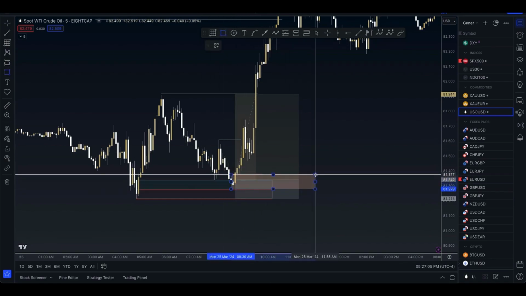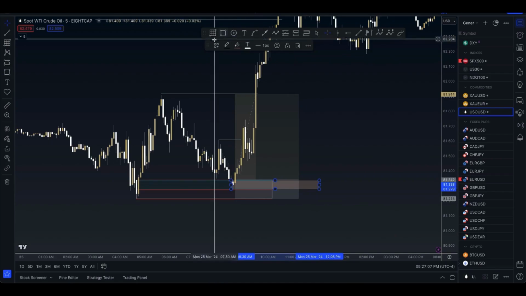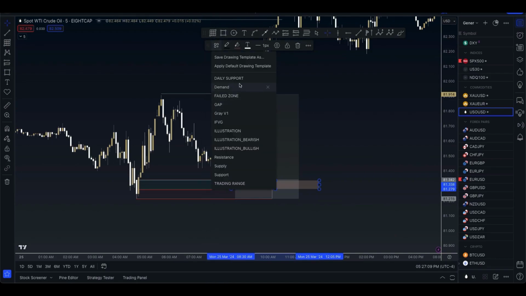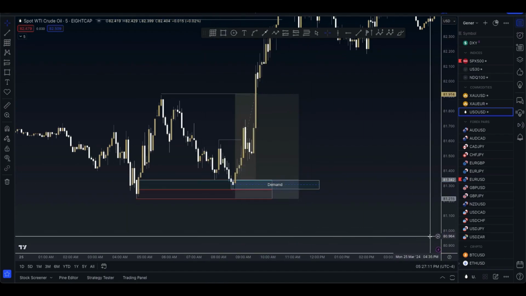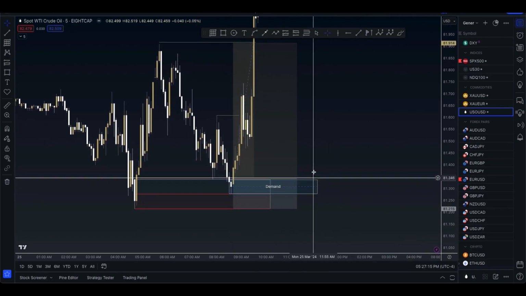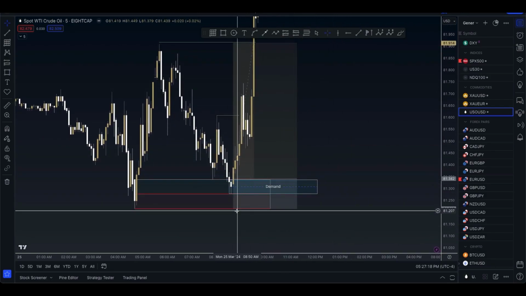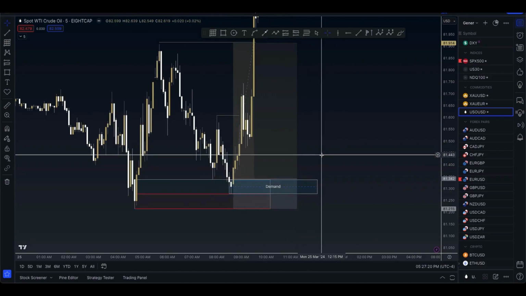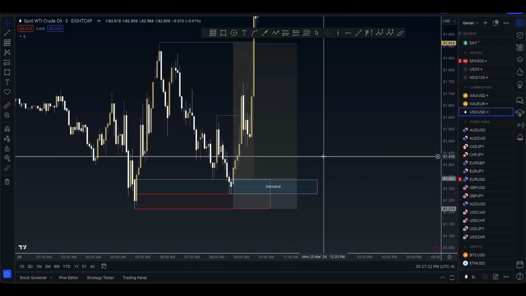So if this should now be an order block, that means that it should be an area of protection, and if it fails, that means price should start reversing on me. And if price reverses on me, the last thing I want is to be in an area where I'm going to lose money.